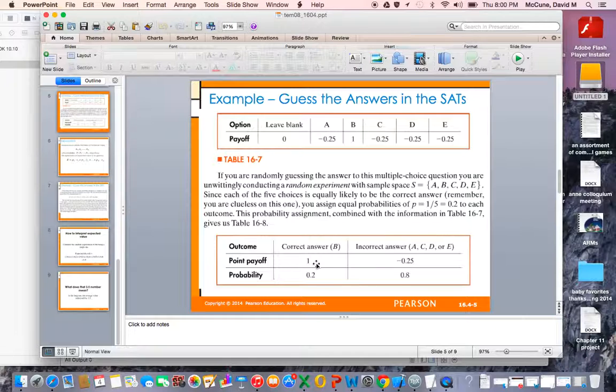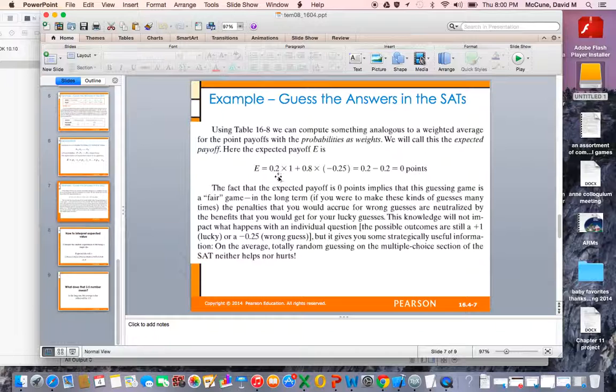So in this case, the payoff was 1, and its probability was 1/5. And the other payoff was negative 0.25, and its probability was 0.8. Once you have this table in place, all you do is multiply down and then add over. So multiply, add, multiply, add, however many columns you have. So in this case, there are only 2 columns, and we ended up with just this multiplication.